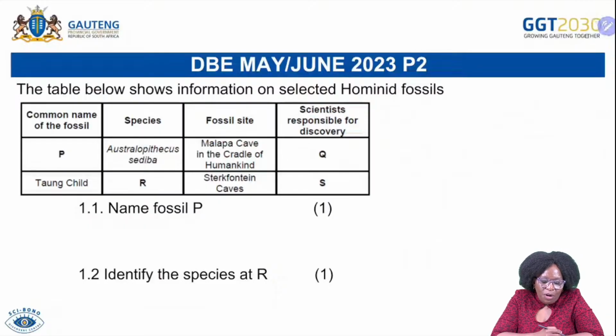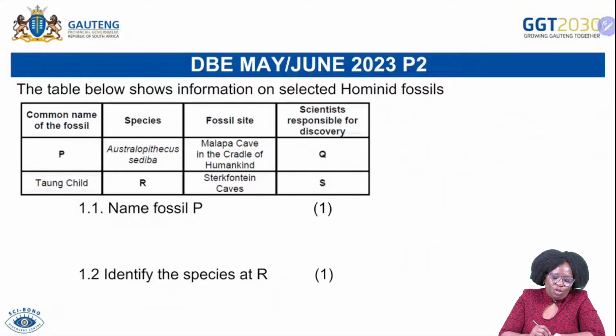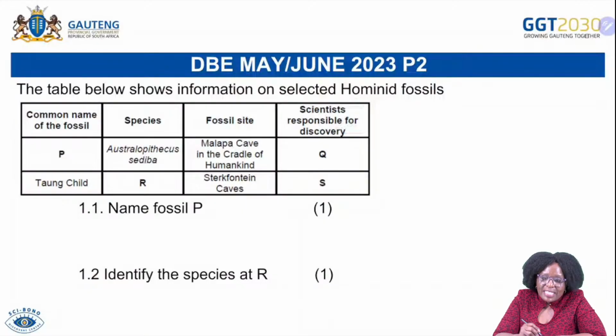We have a table below that shows information on selected hominid fossils. What do you do? You check the table as per the indication. So you're checking the table here. We've got the common name of the fossils, the species, the fossil site, and the scientists responsible for discovery.